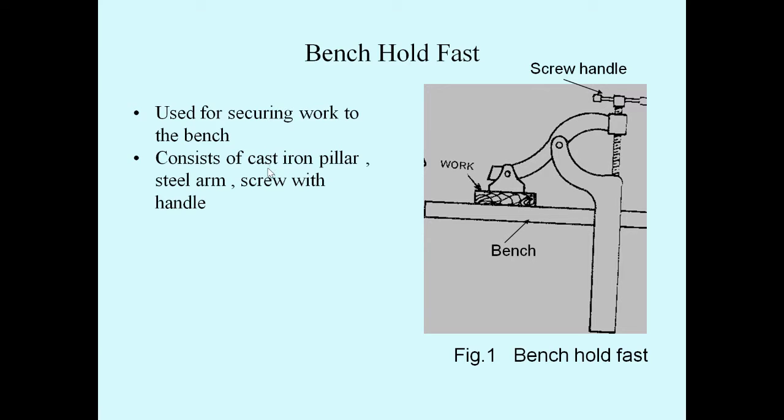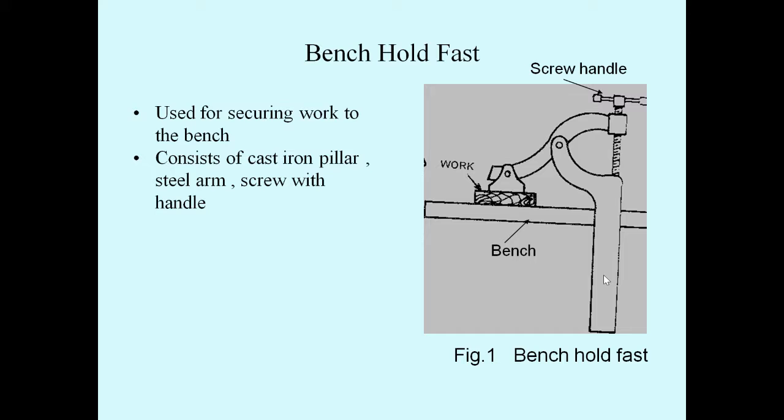It consists of a cast iron pillar, a steel arm, and a screw with handle. This will be the screw handle, this will be the workpiece, and this will be the steel arm.